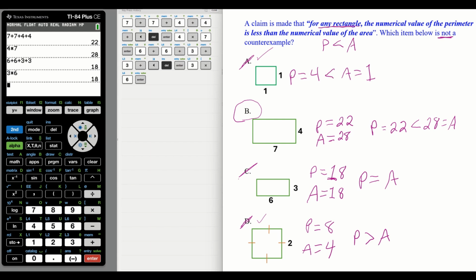Sorry, that would make it true. So we have greater than, less than, equal to, greater than. So yes, we are correct.